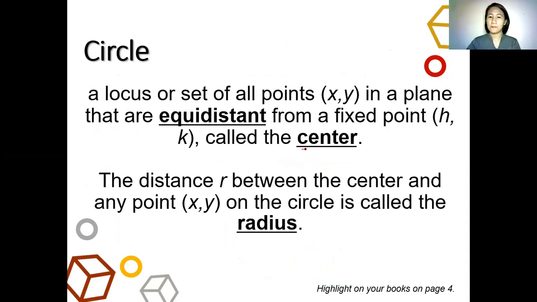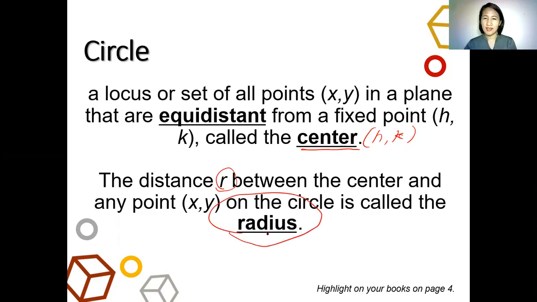Take note of this, the center we denote as (h, k). Now, the distance r between the center and the point (x, y) on the circle is called the radius. These are the basic parts of a circle, and I think you already know this since this is not a new topic for you.